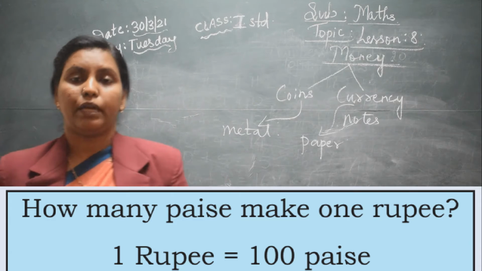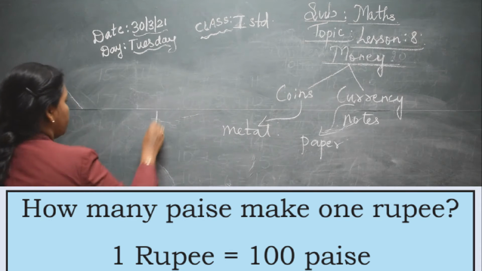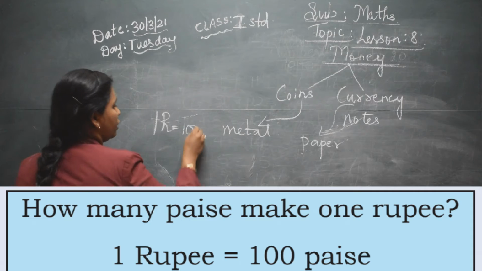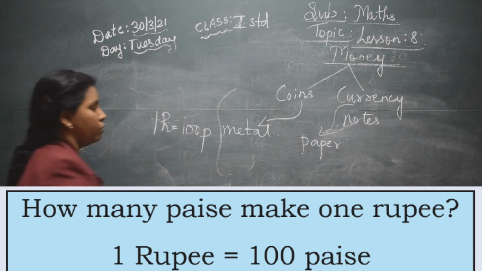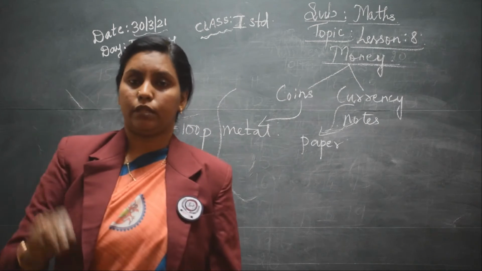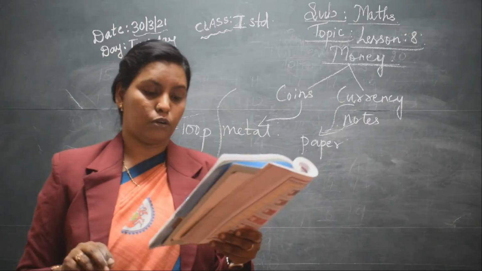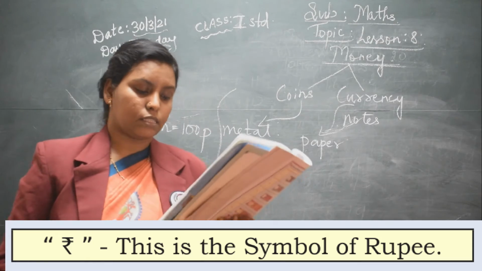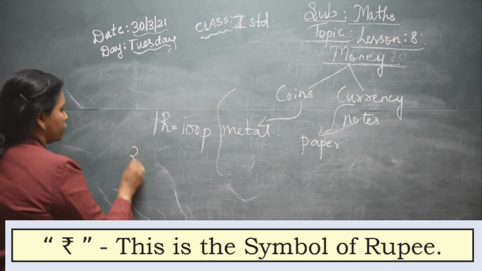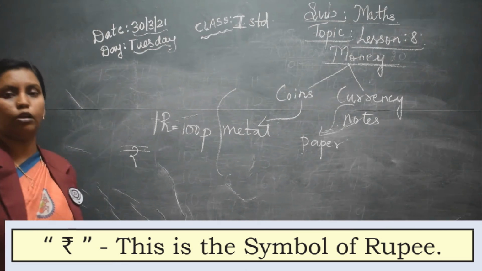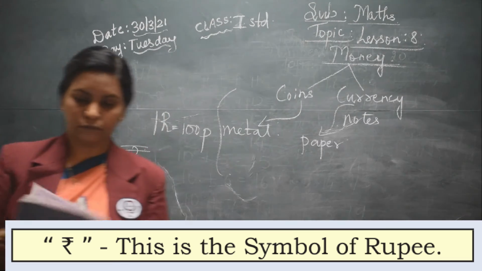How many paise make 1 rupee? 1 rupee makes 100 paise. So if you arrange 100 paise, you will get 1 whole rupee. The symbol of rupee is this.